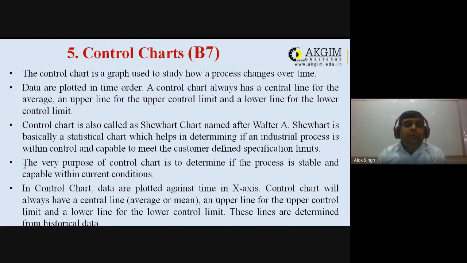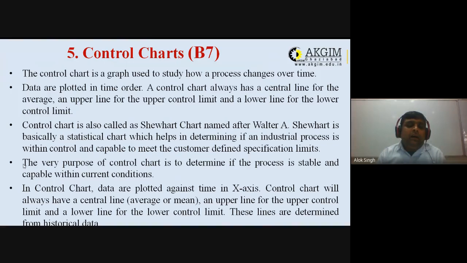And the very purpose of a control chart is to determine if the process is stable and capable within current conditions. In a control chart, data are plotted against time on the x-axis, and a control chart will always have a central line, the average mean, an upper line for the upper control limit, and a lower line for the lower controllable limit, as I have told earlier in the example.